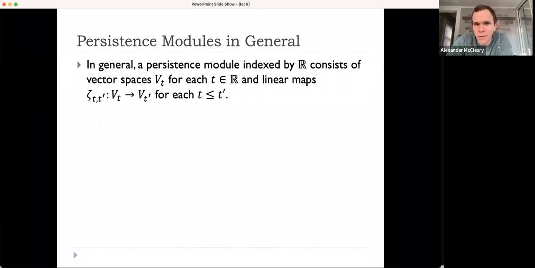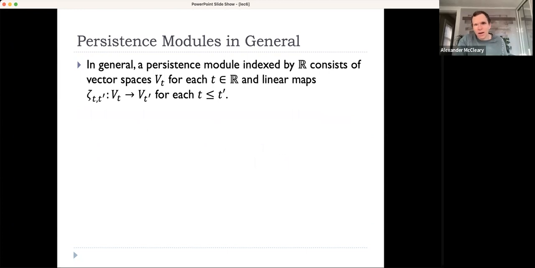So this just means we're going to have a vector space for each t in the reals. And we're going to have linear maps, so a linear map from the vector space at t to the vector space at t prime, whenever t is less than or equal to t prime. So this is basically the same thing we saw on the last slide, only we're not starting with a filtration right now. We're just defining this in general.